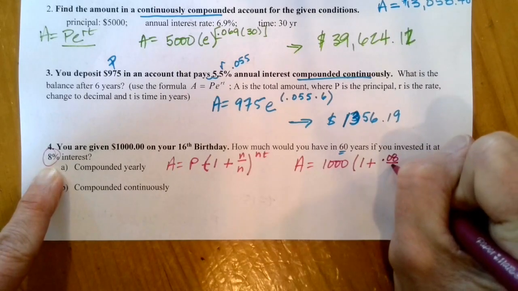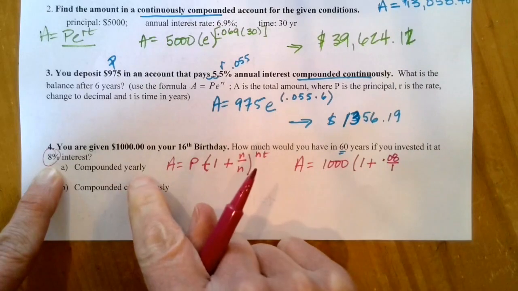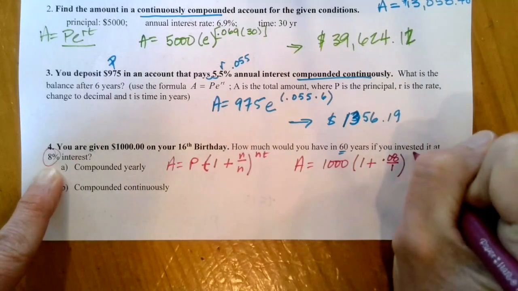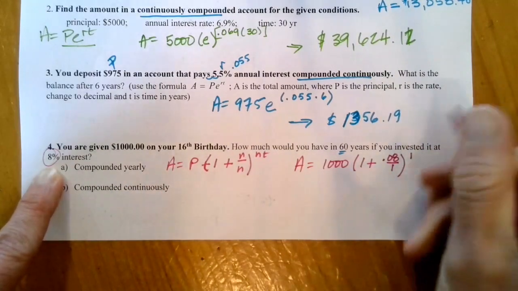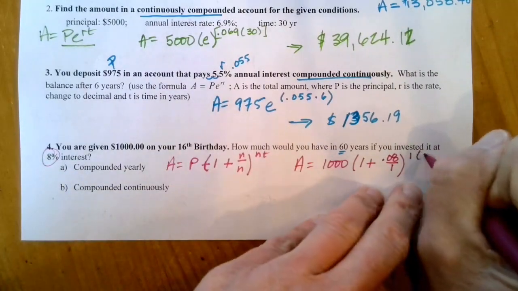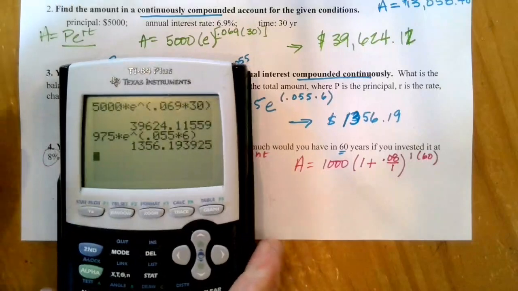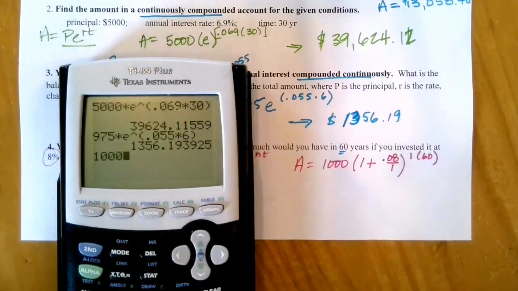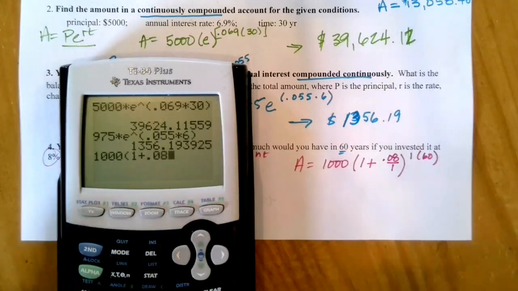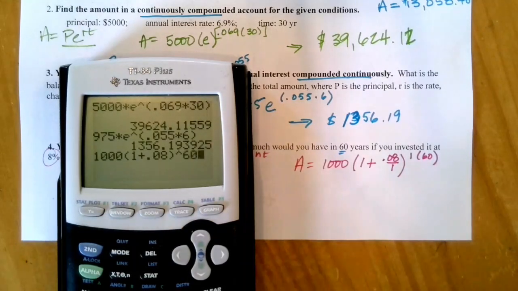And I'm only doing it compounded yearly, so this n really is not even a factor, and I have 60 years. So let's go ahead and see what that's worth. 1,000 times 1 plus 0.08, to the 60th power.